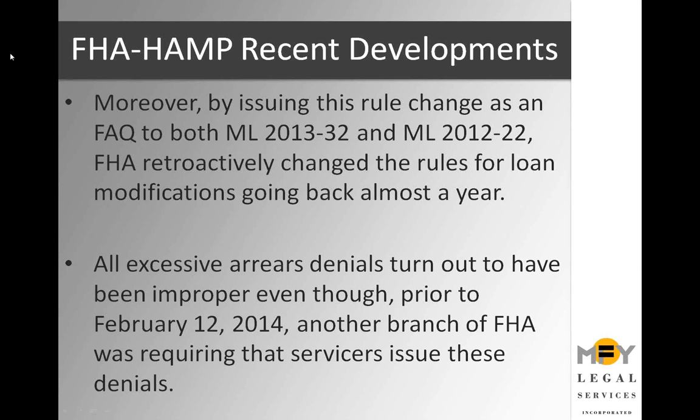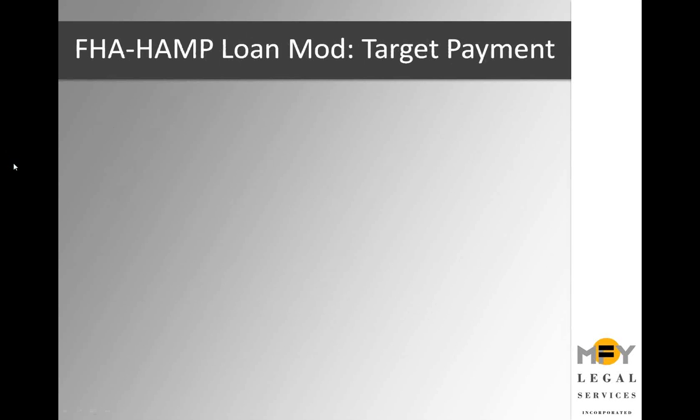But as a practical matter, if somebody had an excessive arrears denial 10 months ago and all of the financials that they've submitted are 11 months old, I think you'll probably need to reapply. You won't be able to just appeal that and get a retroactive TPT based on an old application.